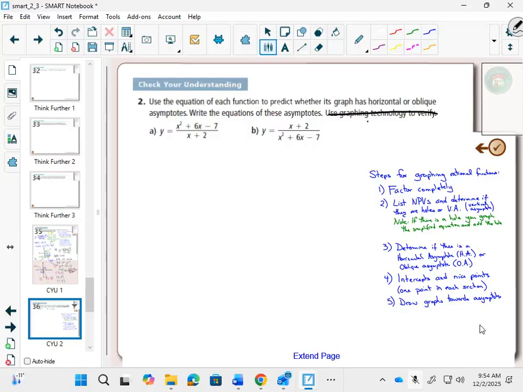We're going to stroke this out, and we're actually going to graph. The question just wants to talk about horizontal asymptotes and oblique asymptotes, which is really step 3 in graphing. So I'm going to go through each of the steps per normal, and when we get to step 3, we're going to talk about the horizontal asymptotes and the oblique asymptotes tomorrow.